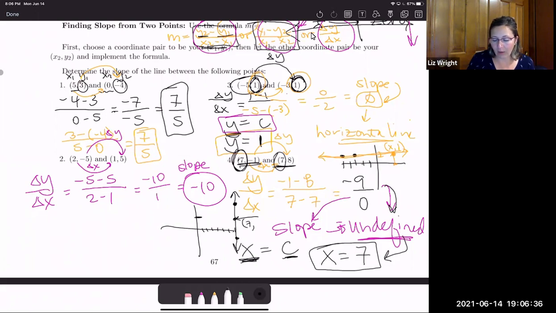And I know that my Y value is some positive Y value. But 100% of the time, I always know what this point is. It's 7 positive Y. What's this point down here? It's 7 some negative Y. 100% of the time for that line, my X's are 7, which is why our equation for a vertical line is X equals some constant. And in this case, because the X's repeat here at 7, it's X equals 7.